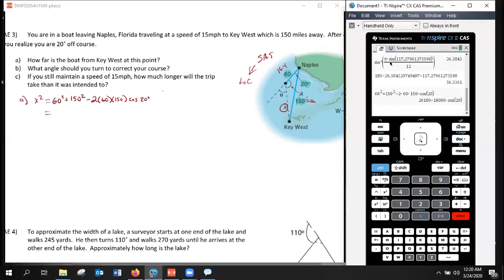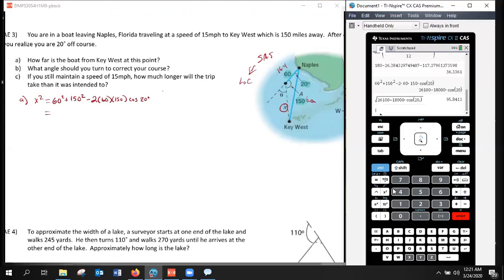That gives us that value, which unfortunately isn't exact, but that's okay, because to find the unknown side I still need to take the square root of it. So let's take the square root of that answer and throw the decimal in here. It looks like we are 95.8412 miles away.